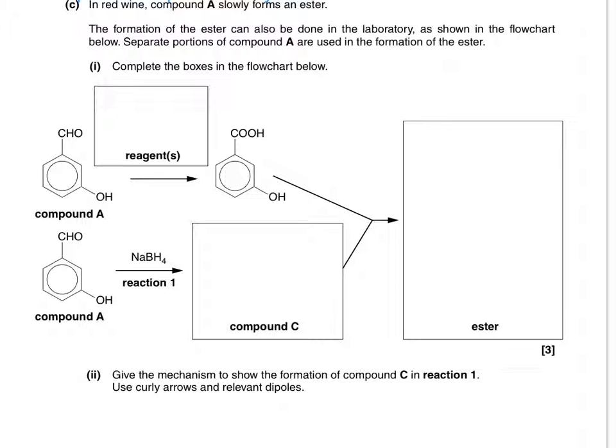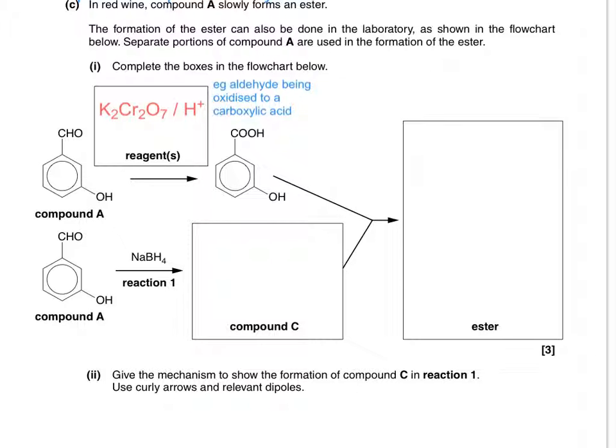So in the first box, where it says reagents, you're obviously changing this functional group into this functional group. So in other words, an aldehyde is being oxidized into a carboxylic acid. So you want something along those lines, or dichromate ions, or Cr2O7 2-. You don't have to put it exactly the way I put it down there, but essentially that's what they're after.